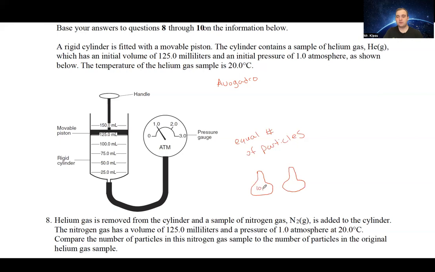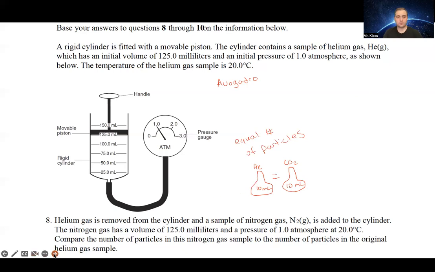This is 10 mLs, let's say, and this is 10 mLs. Well, they're going to have an equal number of particles, even if this is helium and this might be something like carbon dioxide. We know carbon dioxide is significantly larger than helium atoms because there are 3 atoms in carbon dioxide. But according to Avogadro, it doesn't matter how big the particle is, as long as the volume is the same and we didn't mess with the temperature or pressure, things of that nature, equal number of particles.